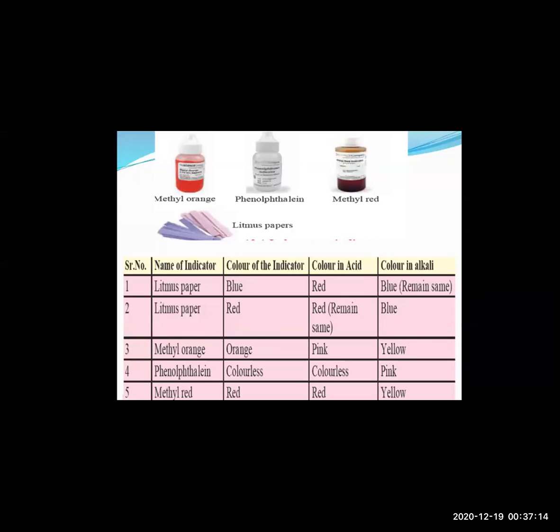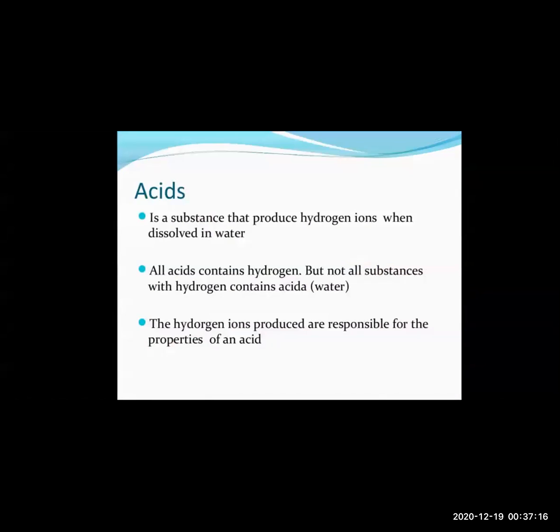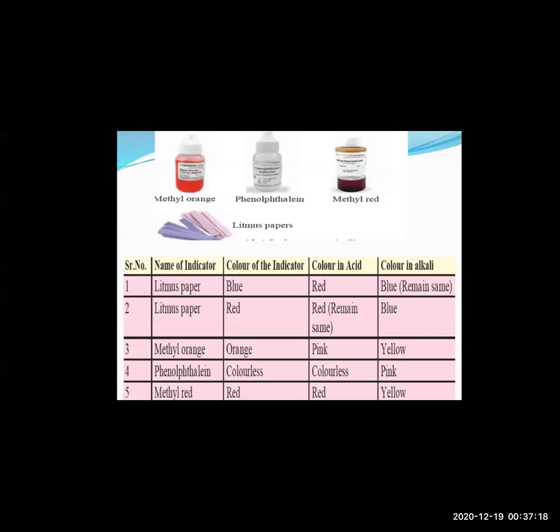So this is how you can see. Here you can see the two different colors of litmus paper, that is blue and pink. If the color changes, that means the solution is acidic. When the blue litmus paper turns red, we can identify that the solution is acidic.